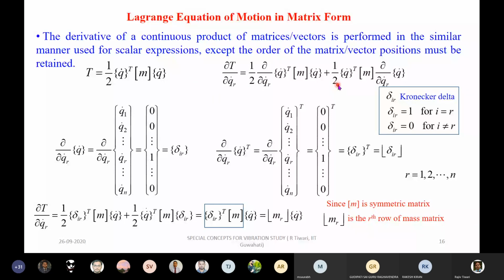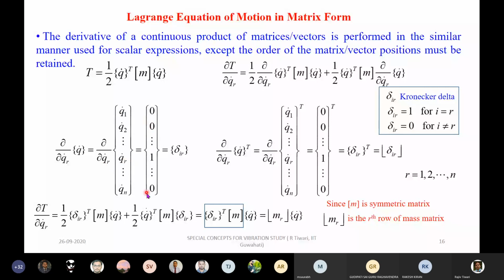Now consider the differentiation of the q dot vector, which is a row vector, with respect to one of the velocities, q r dot. If we expand q dot, there is q1 dot, q2 dot, qr dot, like this. Differentiating with respect to qr dot, all terms will be 0 except qr dot, which will be 1.